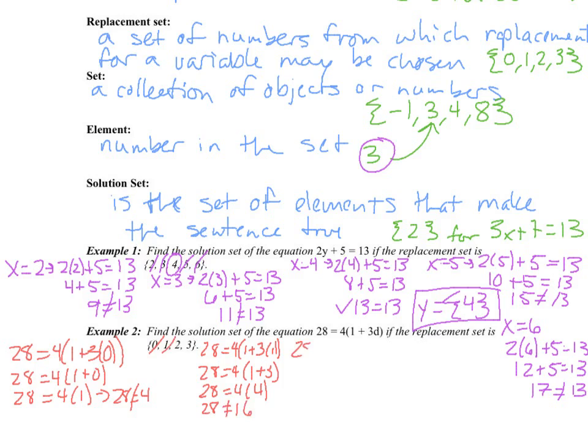Let's try 2. So then 3 times 2 is 6. That gives me 7. 4 times 7 is 28. And that one works. So 2 is in the solution set. Let's try 3.